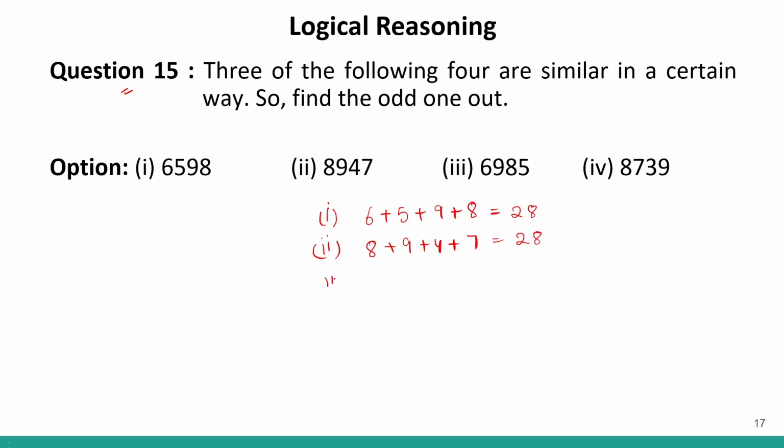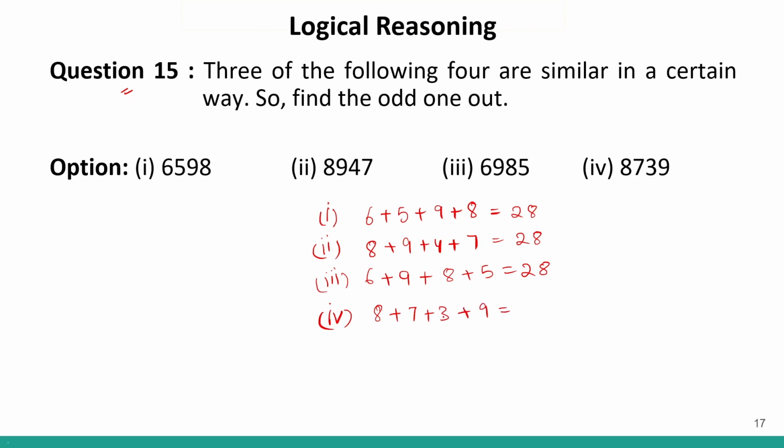Correct? Third option is 6 plus 9 plus 8 plus 5. So 6 plus 5 again is 11, 11 plus 9 is 20, and 20 plus 8 is 28. Correct? And option number 4 is 8 plus 7 plus 3 plus 9.